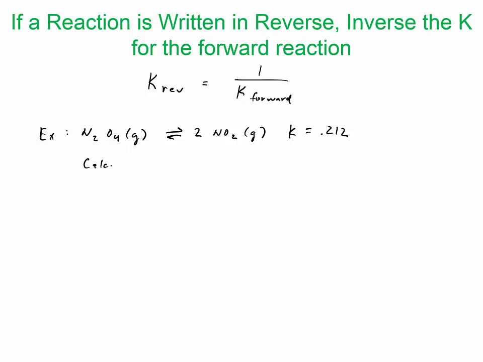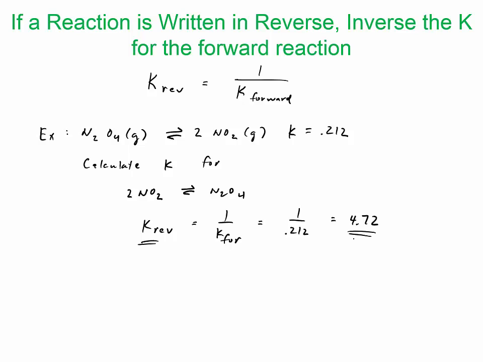The question says calculate K for the same exact reaction written in reverse. Then we get 1 over 0.212, and this would be 4.72 for the K value.